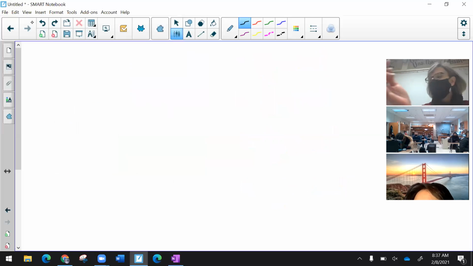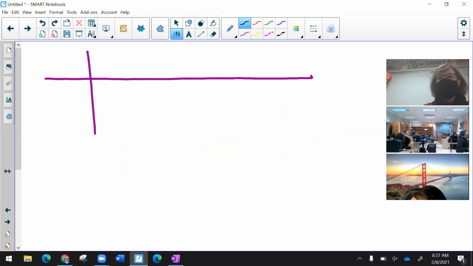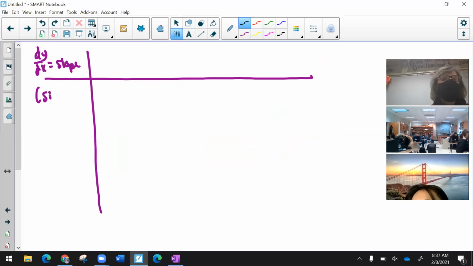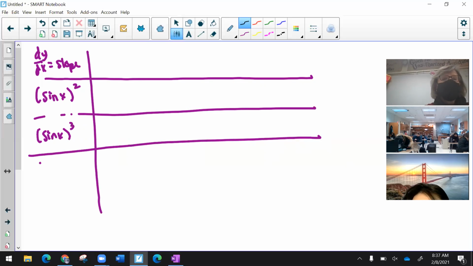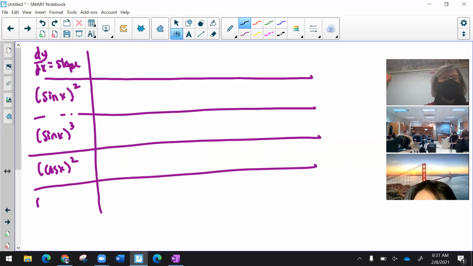So let's make ourselves a table here. The values in my table are going to be dy/dx, the slope. I'm just going to have each of my different differential equations here, and then I'm going to take some values.